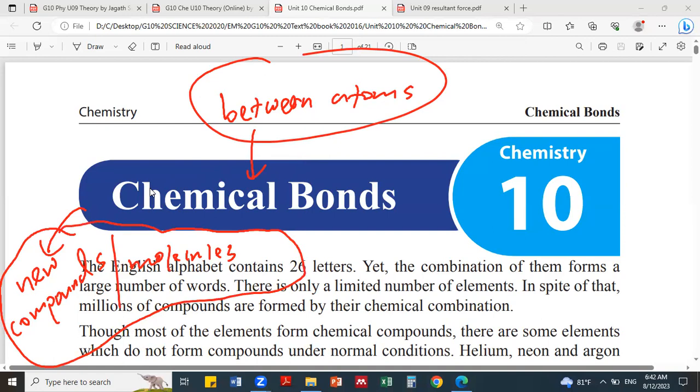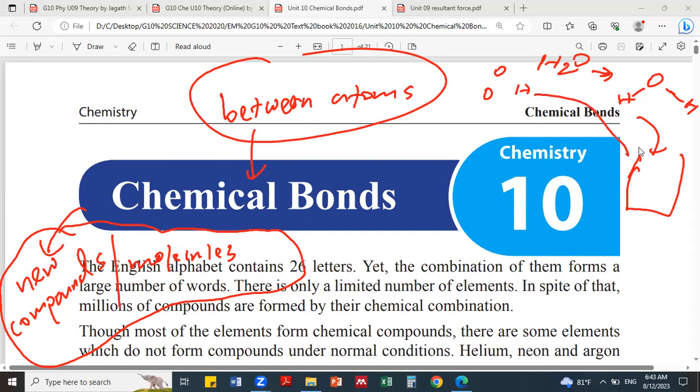Why can't the atoms stay alone without forming bonds? Are they man-made? I'll give one example: water, H2O. Can you take 2 hydrogen atoms and 1 oxygen atom, join them using a toothpick, and add them to the glass?